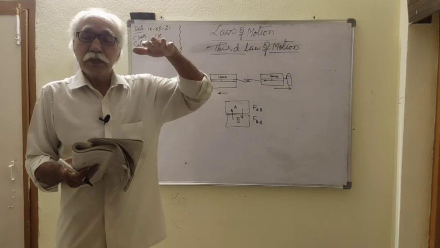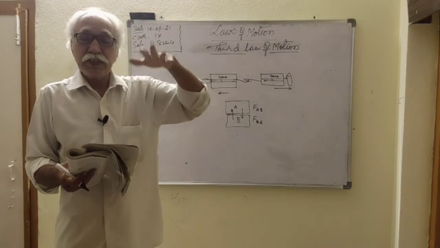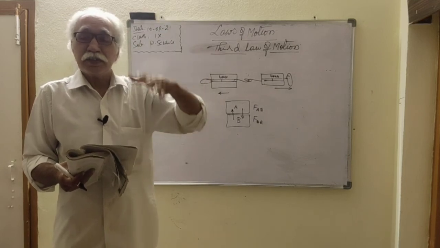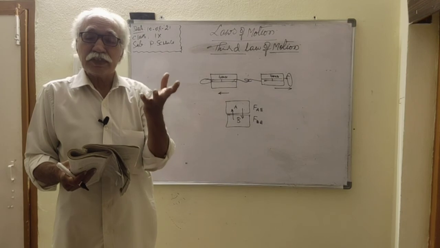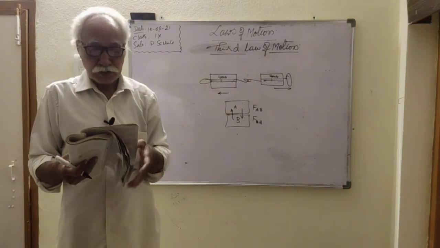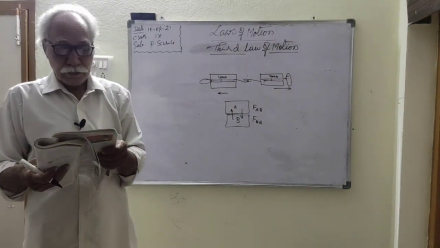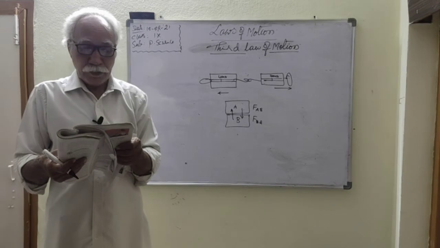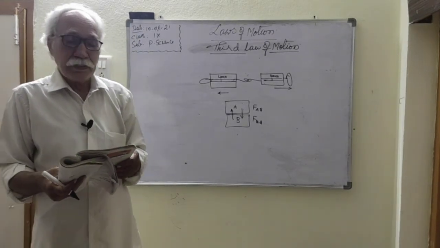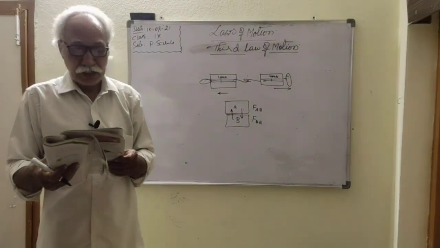Suppose the wings push the air in a downward direction. The air applies force on the wings in an upward direction, and the bird flies to a higher altitude. Thus the force applied by the wings of a bird on the air, and in opposite direction the force applied by the air on the wings, are equal in magnitude but act in opposite directions.